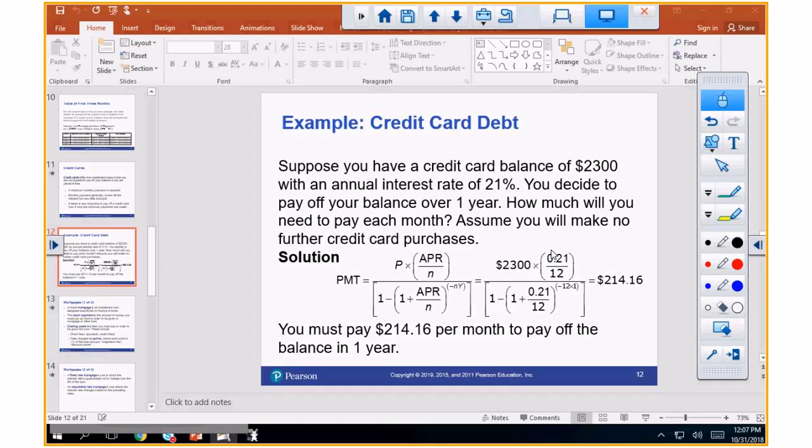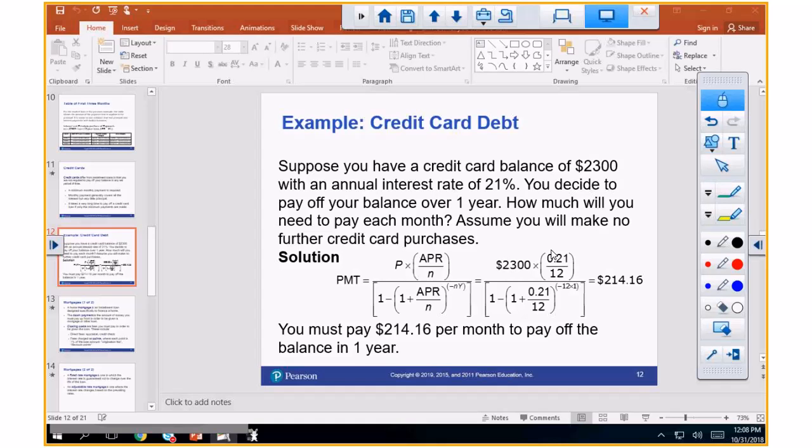How much will you need to pay off each month? Assume you will make no further credit card purchases. Oh, you decide to pay your balance off in 1 year. That's convenient, isn't it? How many people do you know that pay off their credit card balance in 1 month? Zero. Much less a year.